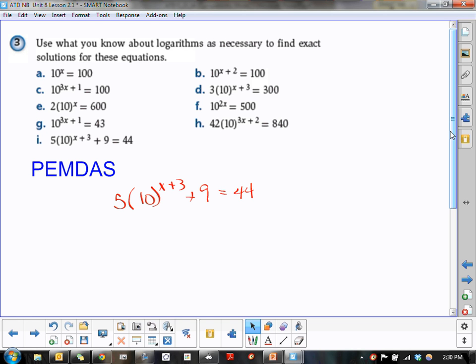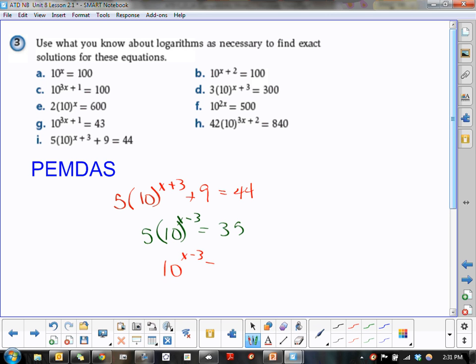What is it telling us we need to get rid of first? Adding that 9. And to undo that, we will subtract it. So if we subtract 9 from 44, we're left with 35. Now what do we need to do? Divide by 5. Now the multiplication takes precedence, so we'll divide by 5. So 10 to the x plus 3 equals 7.